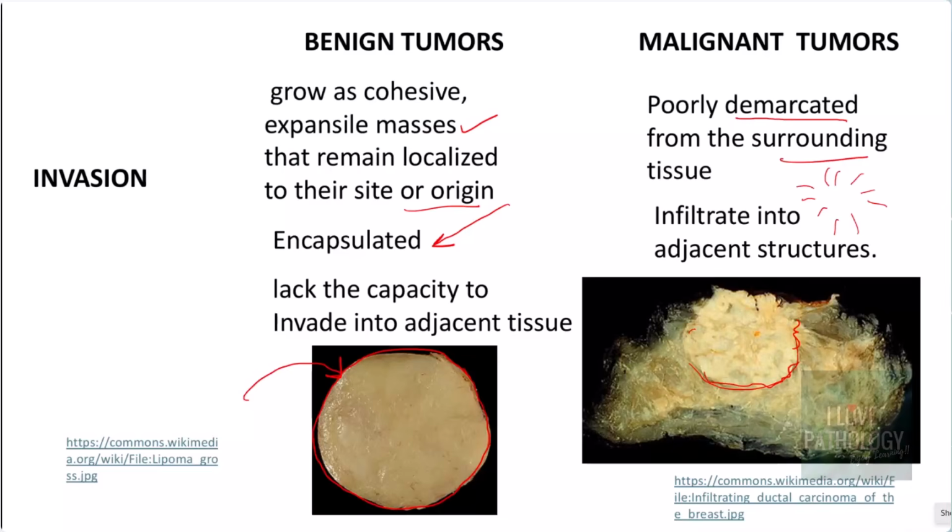This has projections beyond the normal confines. Around, they grow into the adjacent tissue. This is a case of carcinoma breast, where the tumor is seen growing into the adjacent normal breast parenchyma. So that's a characteristic feature of malignant tumor. What is that? Invasion. Invasion or infiltration into the adjacent structure is a feature of malignant tumor.